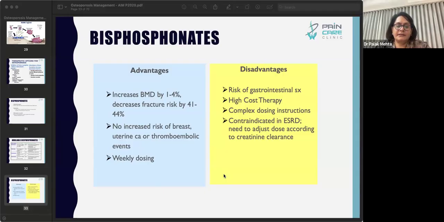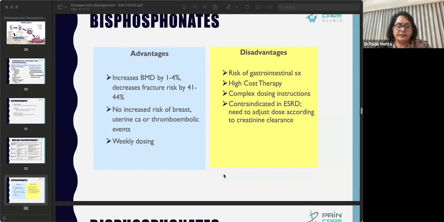As I said, after taking the medicine, the patient is supposed to sit for a longer time and not take any other medicine. They are contraindicated in ESRD, and the dose needs to be adjusted according to creatinine clearance. Next slide.